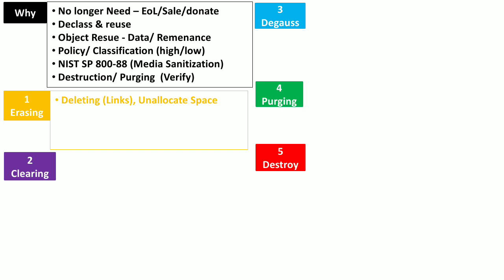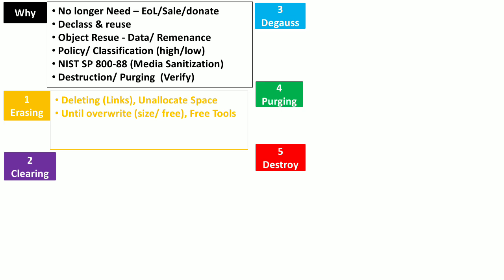Now, erasing is simply deleting the links to the data, and data remains there on the storage media. But it is now called unallocated space, and this space will be allocated to the new data in due course of time.